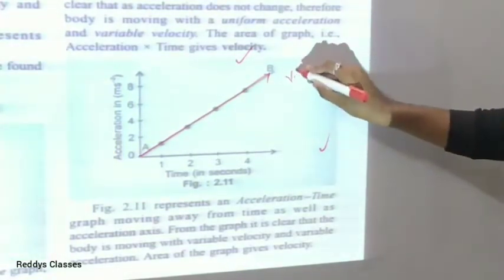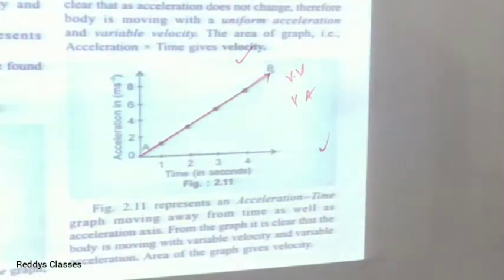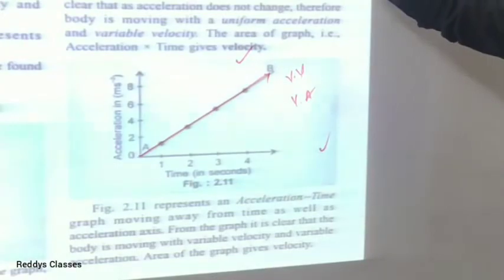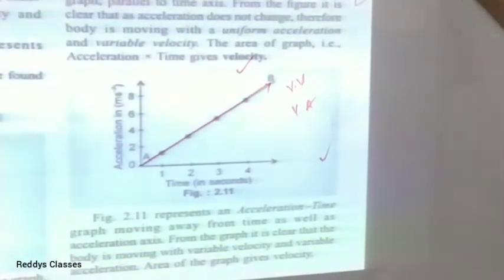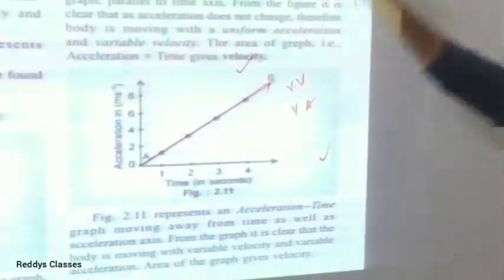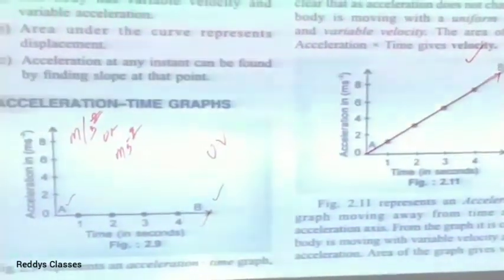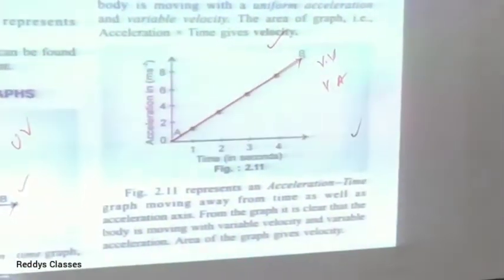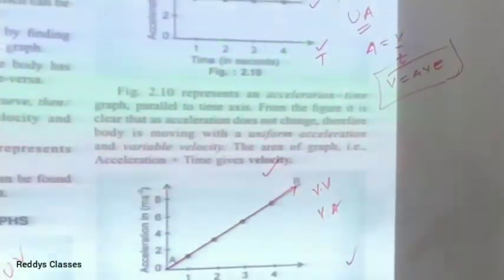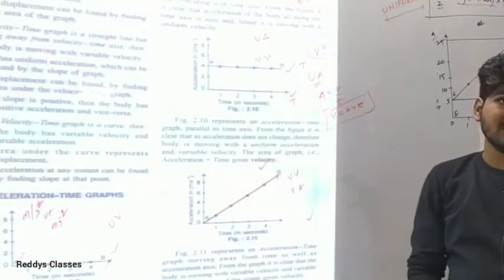Here the area of this graph gives the velocity. If you find the area, you will know the velocity of this graph.